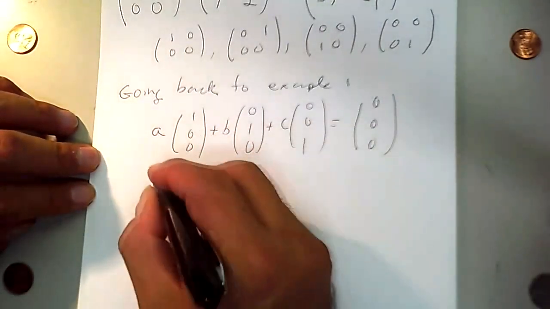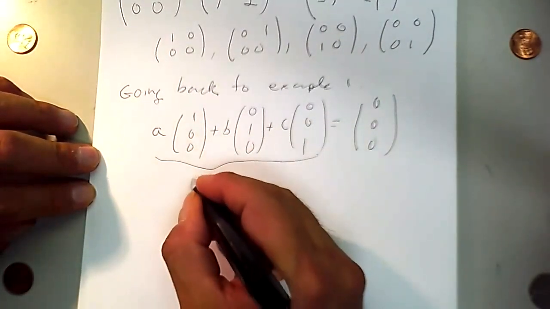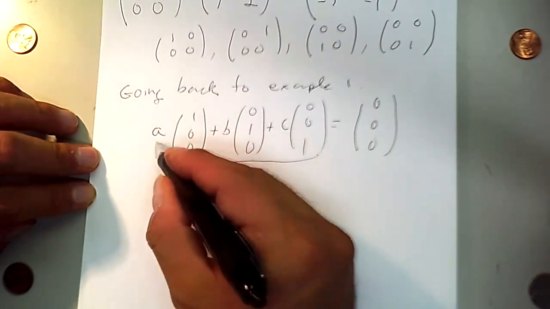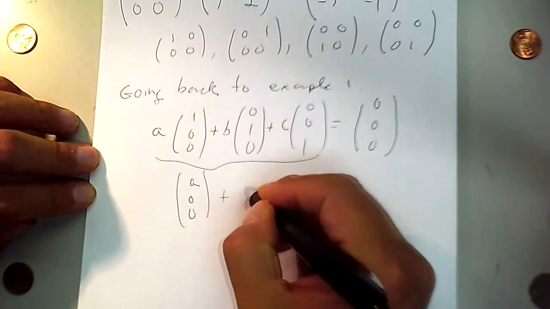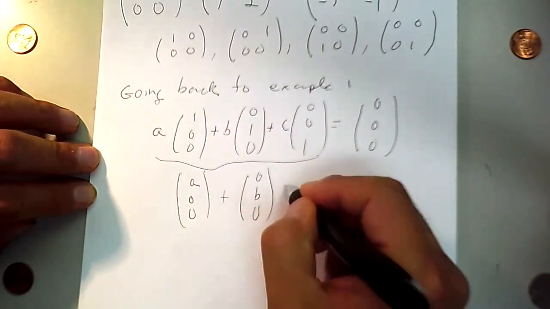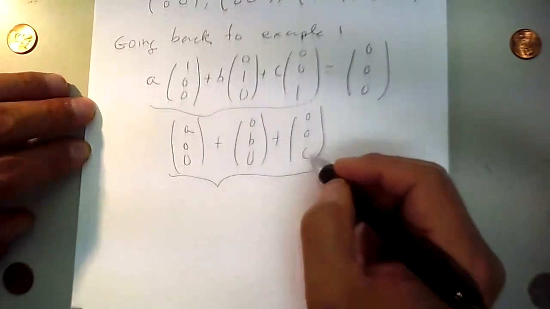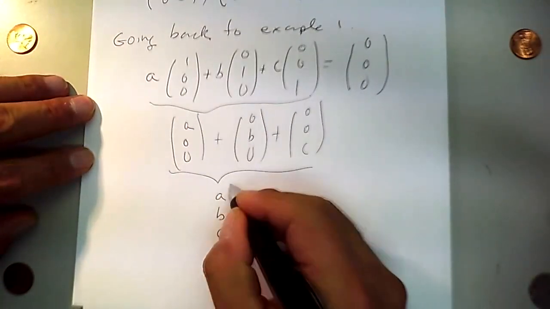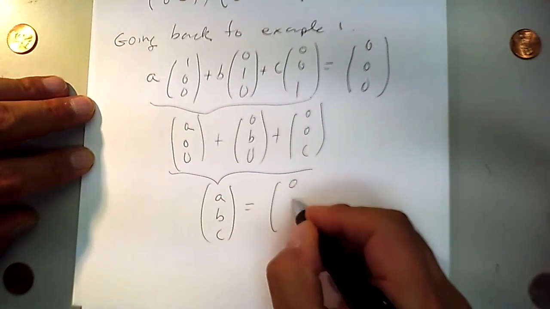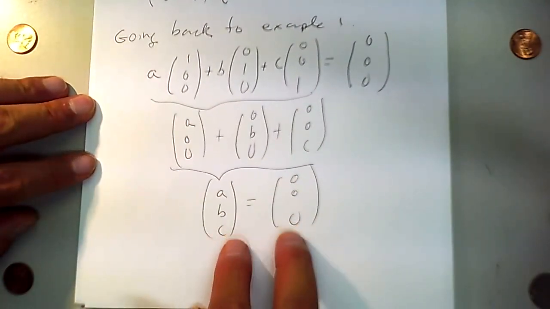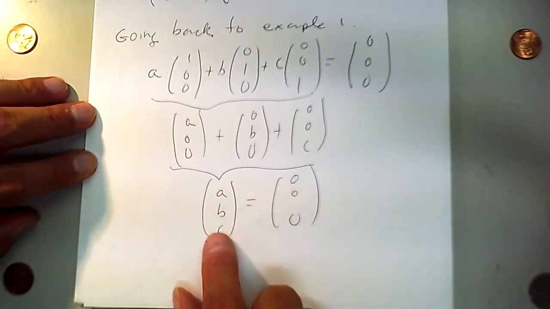This is equal to A, 0, 0 (A times 1, 0, 0) plus 0, B, 0, plus 0, 0, C. And that is, of course, equal to A, B, C, which equals 0, 0, 0. And 2 column vectors are equal if their corresponding entries are equal.